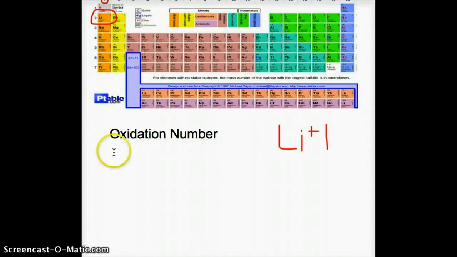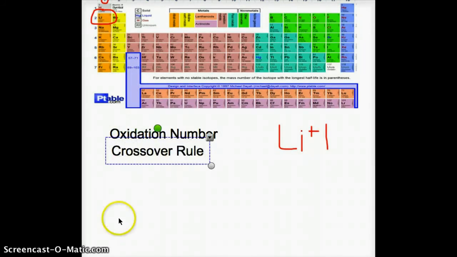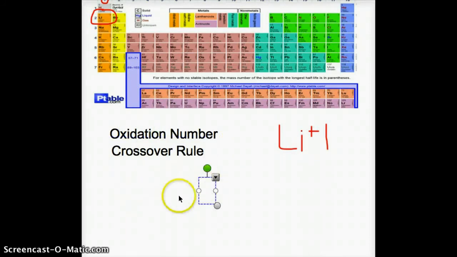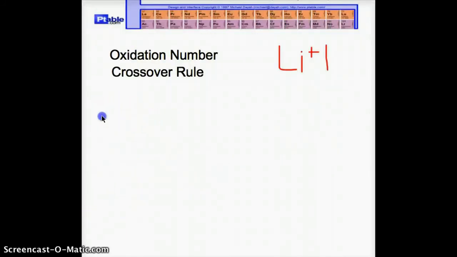Also, in order to write the chemical formula for a binary ionic compound, we must carry out a step which is called the crossover rule. I will now carry out an example to better explain what I just said.